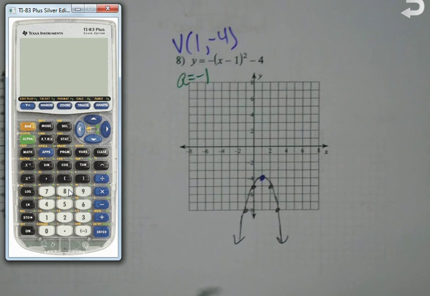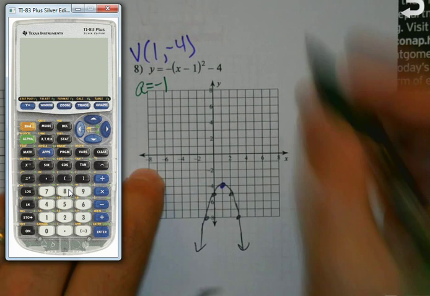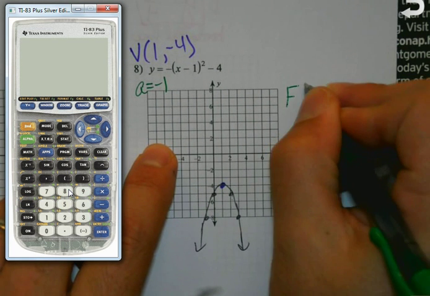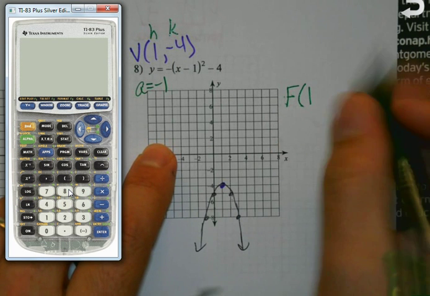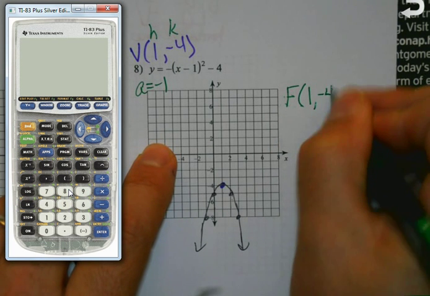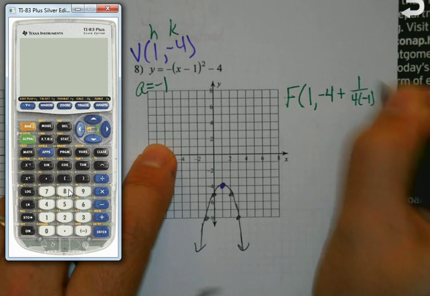So one last time. Okay, my focus is h, k plus 1 over 4a.